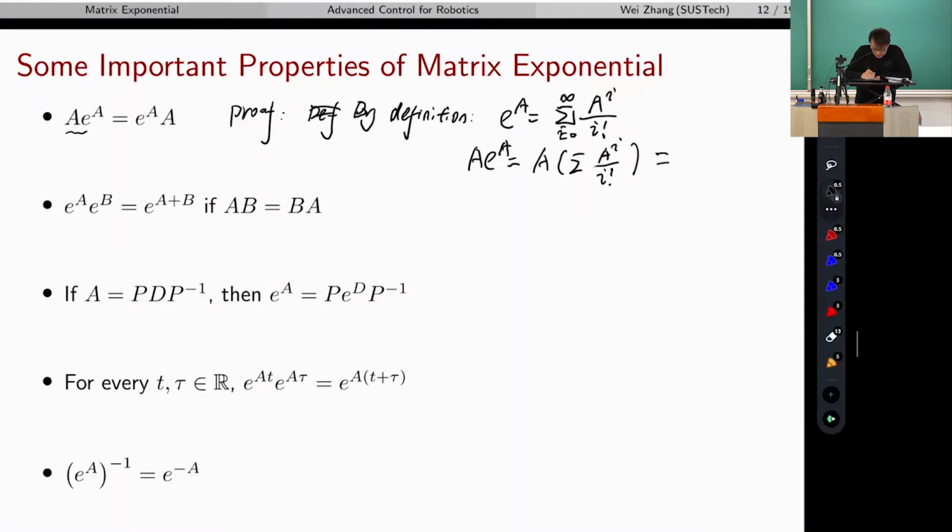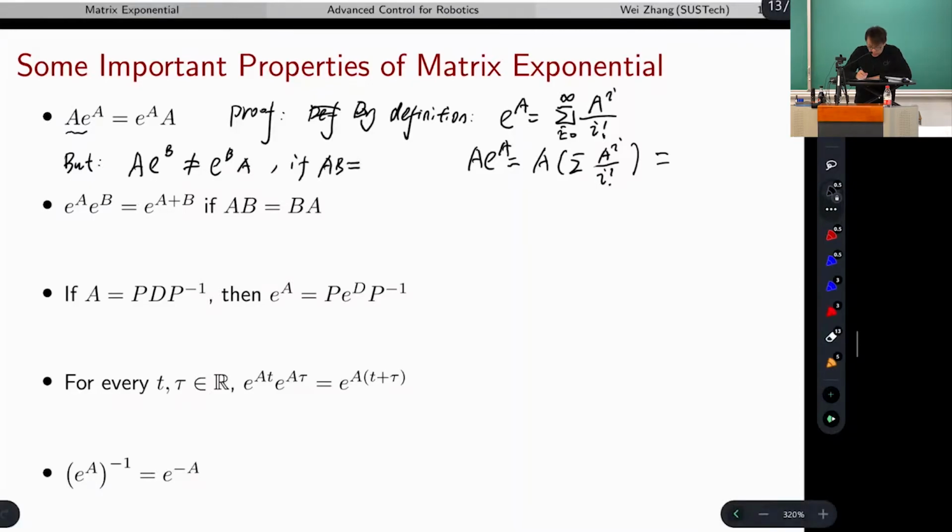But remember, A times E to the B does not equal E to the B times A. The reason you can swap the multiplication is because this doesn't hold if A times B does not equal B times A.